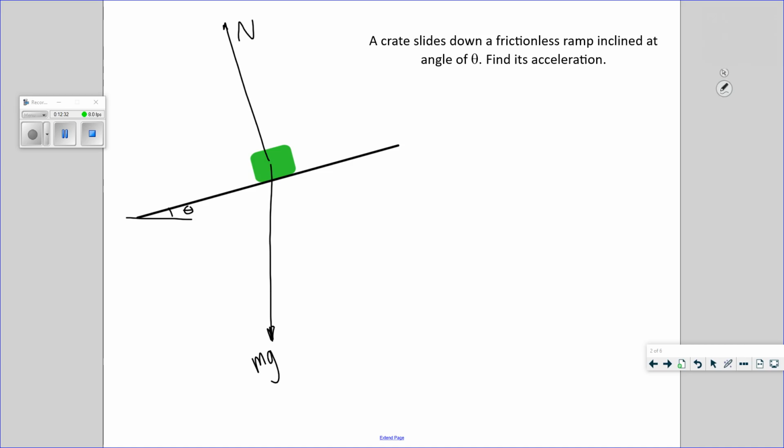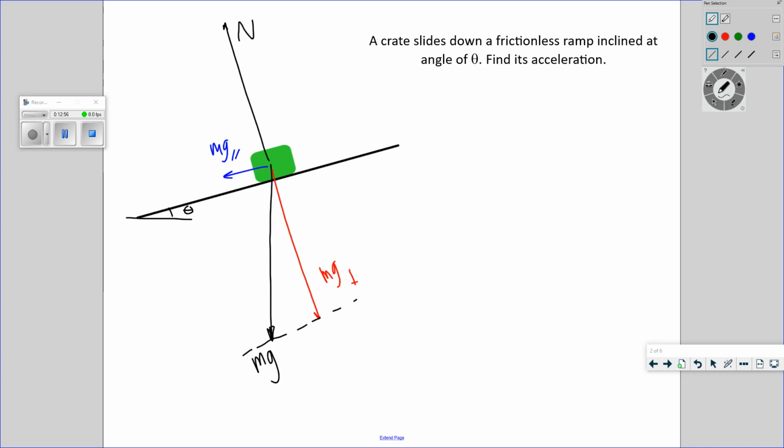All right, I'm now going to sketch my mg parallel, my mg perp. Notice mg parallel does not point left, it points down the hill. Mg perpendicular only goes as far along this perpendicular axis as mg goes.